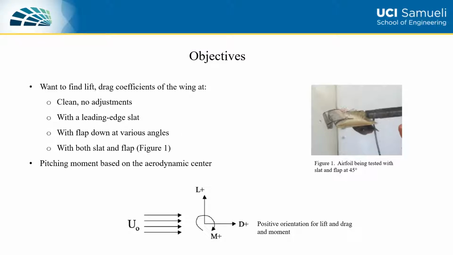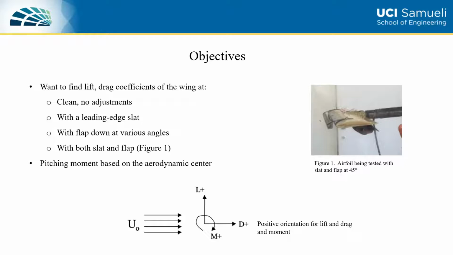I think that's very important to consider because we want to find out when stall would occur with these lift devices. The stall can be observed when actually performing the experiment because of the tufts on the wing itself.